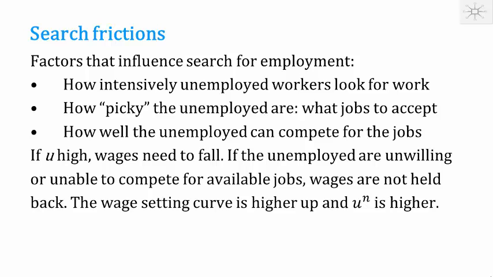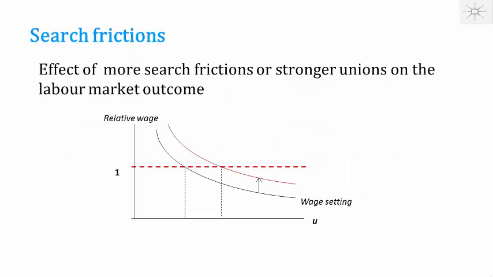So if unemployment is high, then wages need to fall in order for employment to increase. But if the unemployed are unwilling or unable to compete for the available jobs, then the wages will not be held back. And then the wage setting curve is going to be higher up, and the natural level of unemployment will be higher. We can illustrate that with our little figure here.